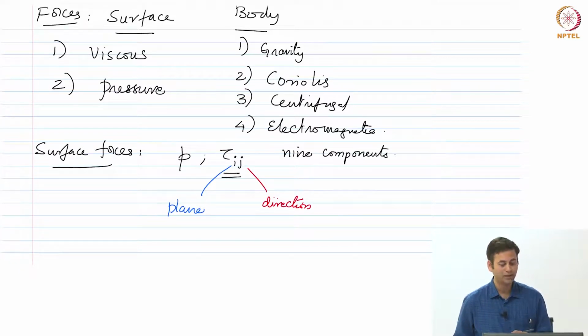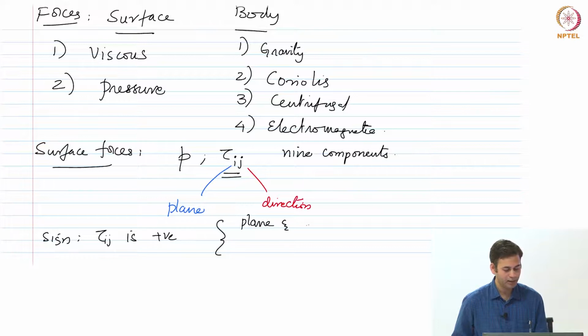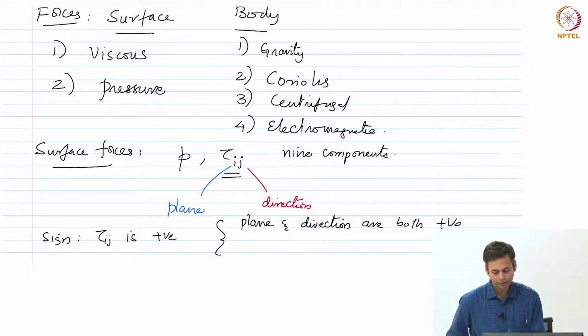So the sign convention is tau ij is positive when both the plane and direction are both positive or are both negative.